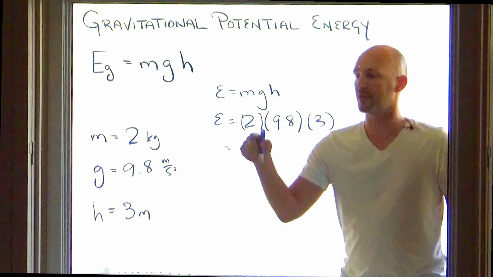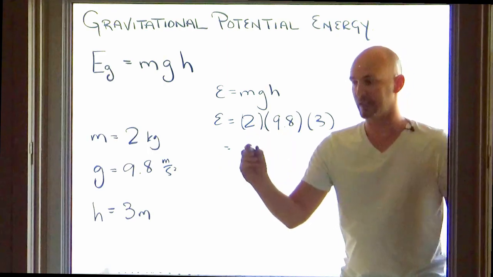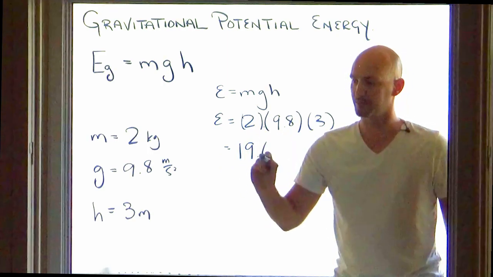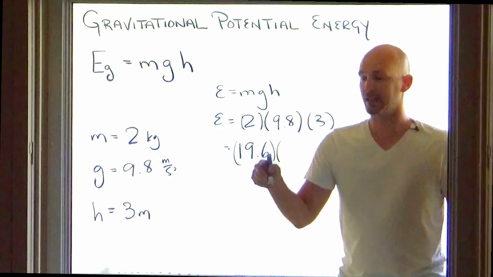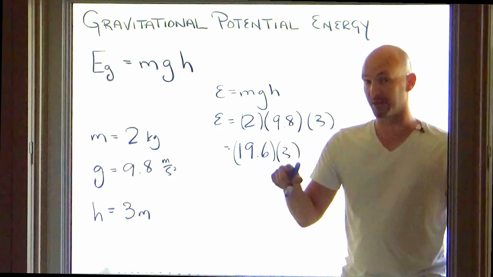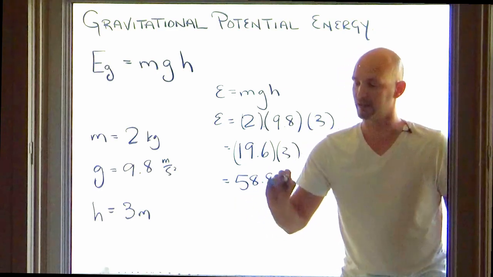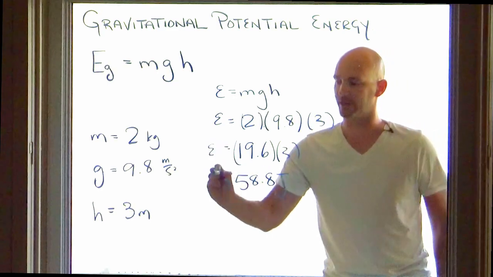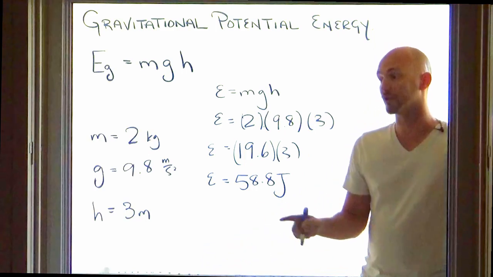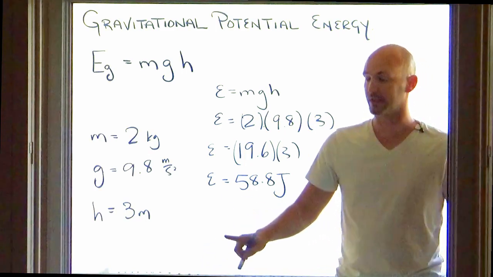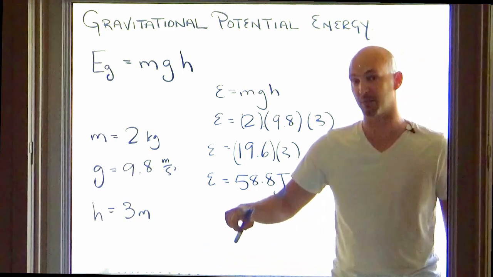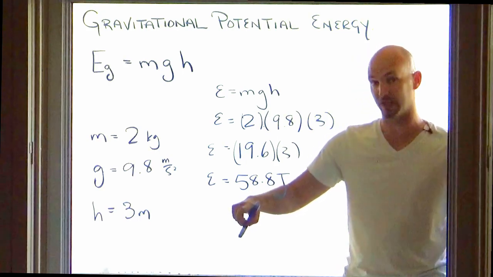If we do this multiplication, 2 times 9.8 is 19.6. And 19.6 multiplied by 3 gives you 58.8 joules for your energy. So in order to raise your 2 kilogram pumpkin 3 meters in the air, it will cost you 58.8 joules of gravitational potential energy.